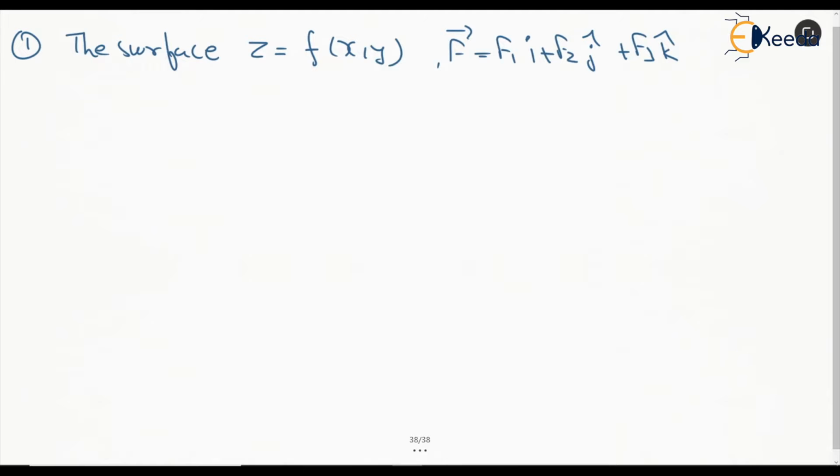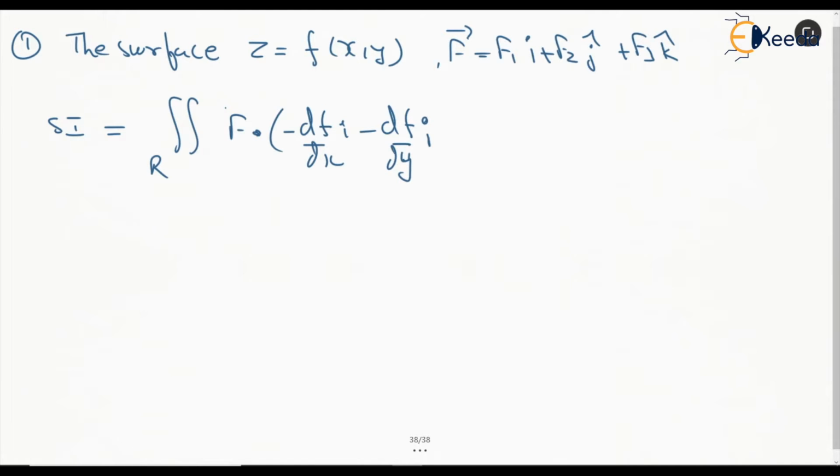In that case, the surface integral is given by, let's say this is R now, and it will be F dot minus df by dx i minus df by dy j and simply k, dx dy.